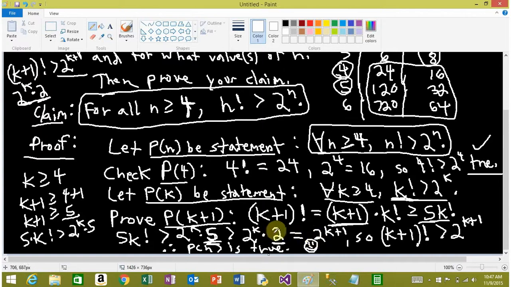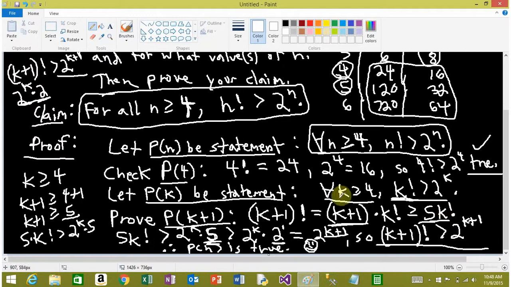And 2 to the k times 2 is the same as 2 to the k plus 1, because 2 is 2 to the first, and you just add the exponents, k plus 1 right there. And so you can see that k plus 1 factorial is greater than 2 to the k plus 1.